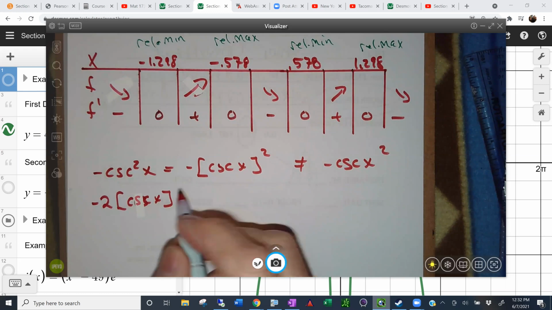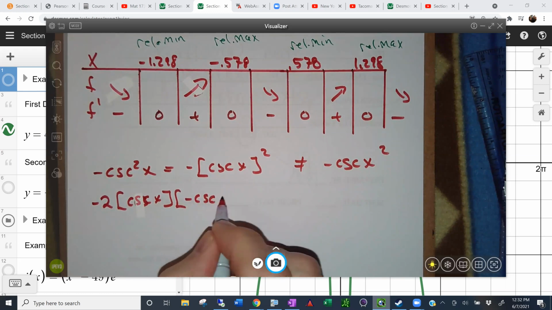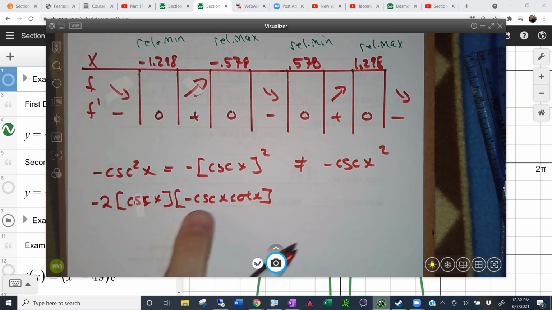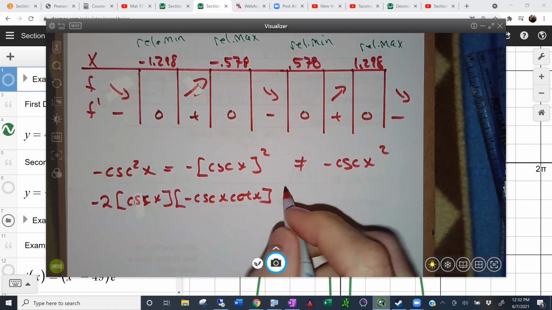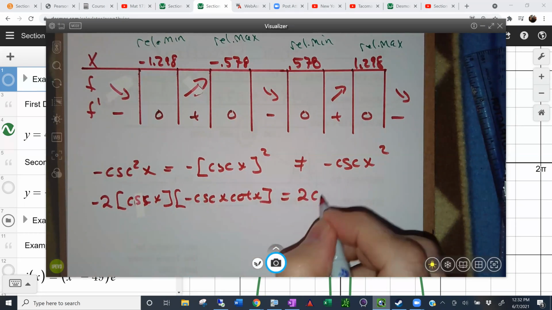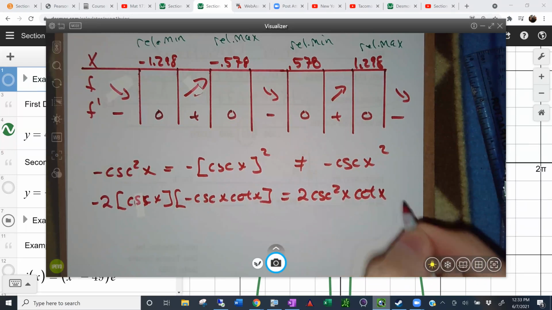And the derivative of the inside is another wonderful mess. It's going to be minus cosecant of x times the cotangent of x. The minuses come together, minus and minus, it's a plus. Cosecant and cosecant, I end up with 2 cosecant squared of x times cotangent of x. Whew.